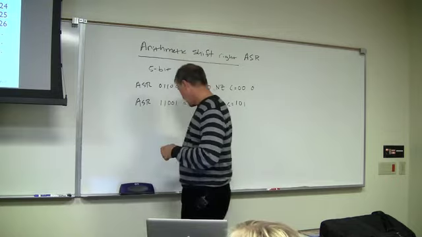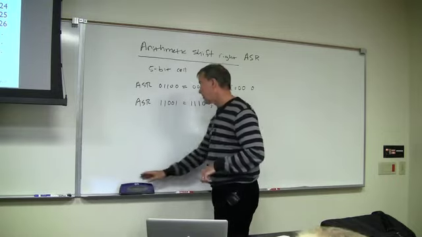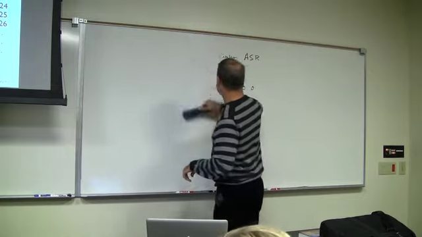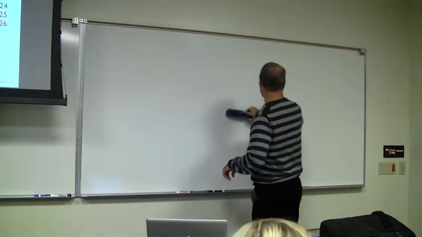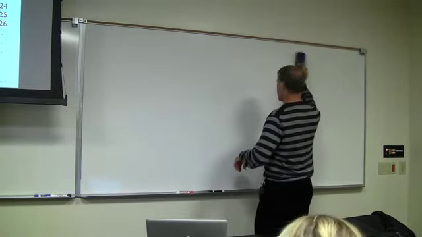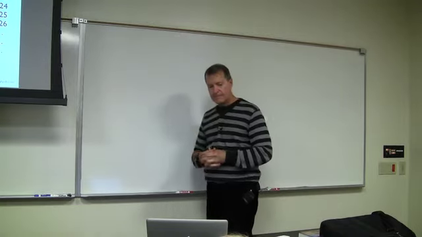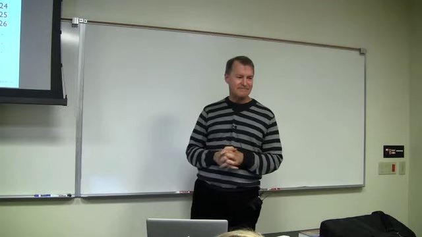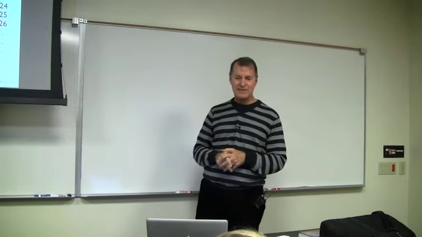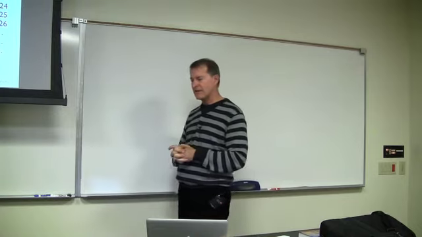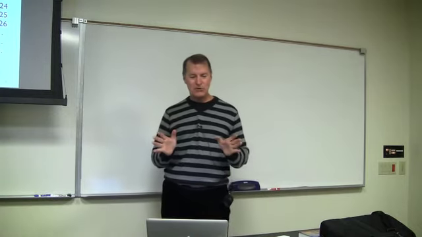Now, the next thing we want to do is learn how to use the hexadecimal system. Hex means 6, decimal is 10, so hexadecimal is 16, base 16. So here's the story.